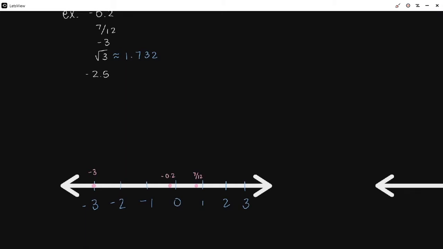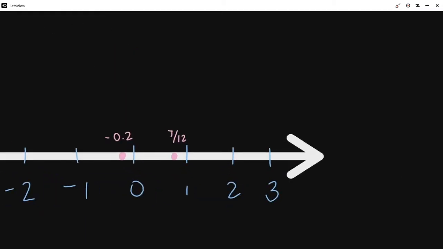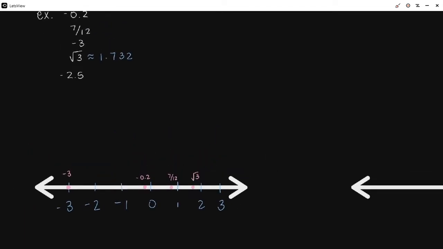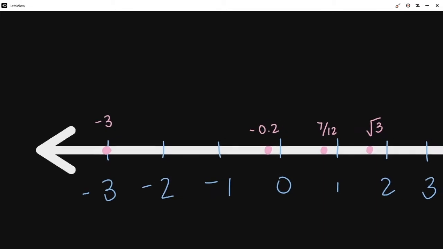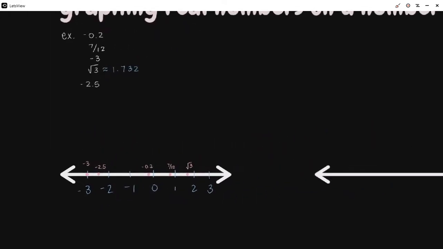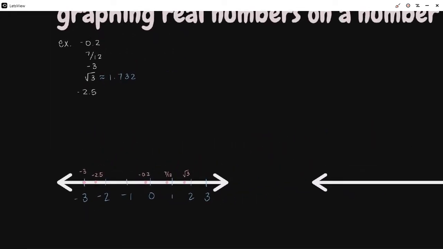Square root of 3 is about 1.732, so that would be a little more than halfway between 1 and 2. And the last number, -2.5, that would be between -2 and -3. So that's how you would graph real numbers on a number line.